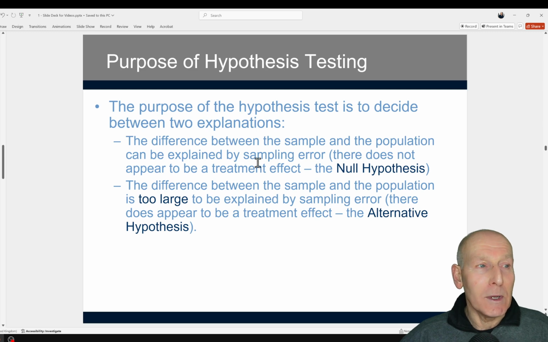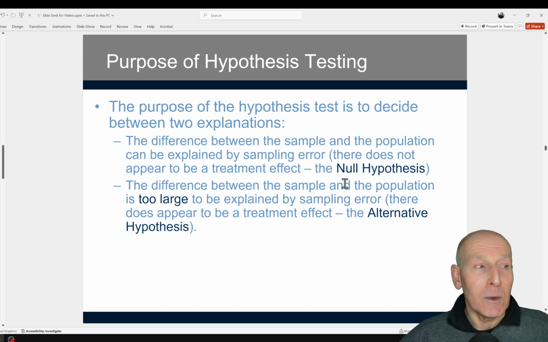And the difference between the sample and the population, if it can be explained by the sampling error, or there does not seem to be some sort of treatment effect, for instance, in some sort of experiment, then this is what we define as the null hypothesis, and this is always the starting point for a hypothesis test.